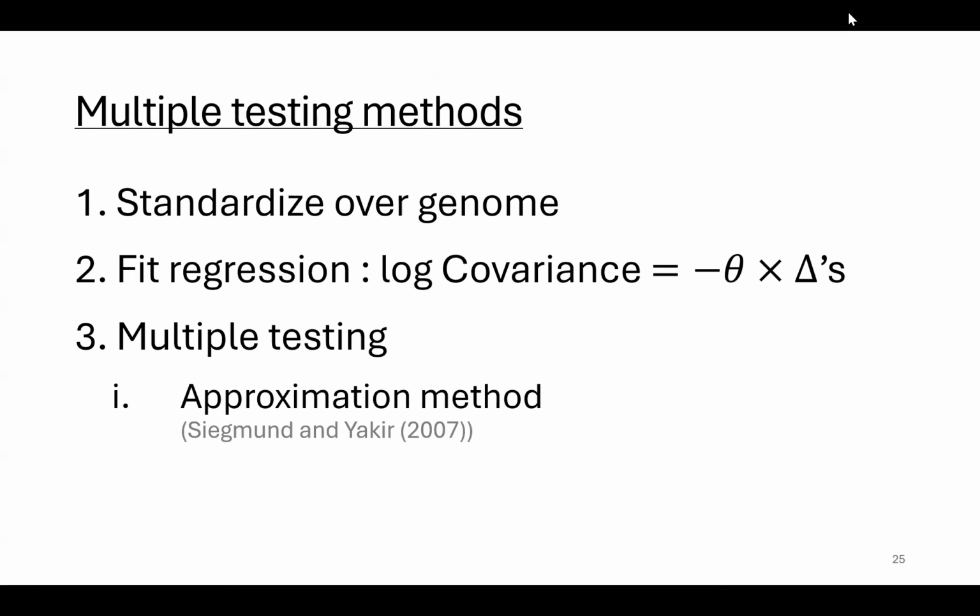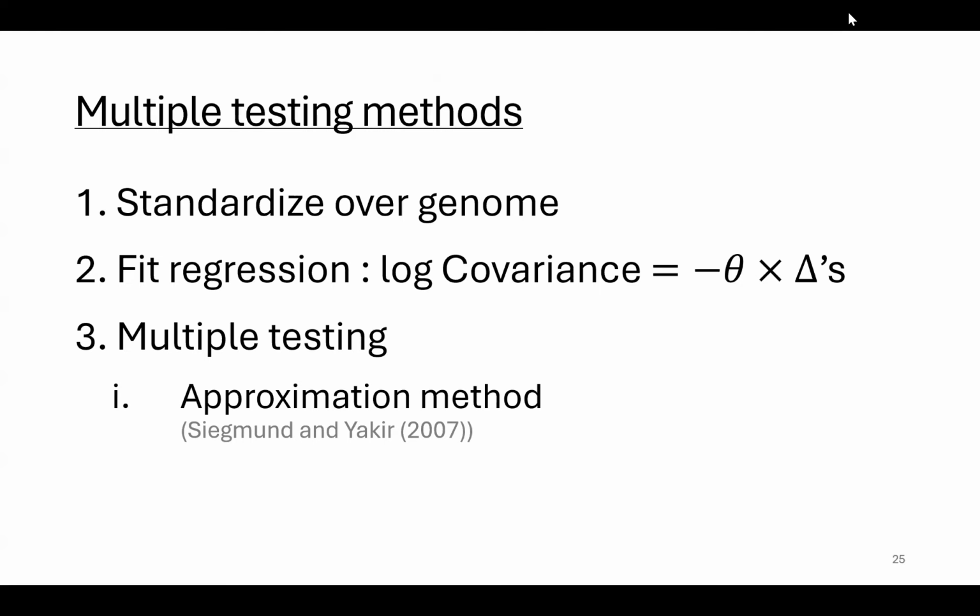We propose 2 multiple testing methods. I'll emphasize one today. The first is that we're going to standardize our IBD rates over the genome, so subtract the mean, divide by the standard deviation. Next, I'm going to fit a log linear model.